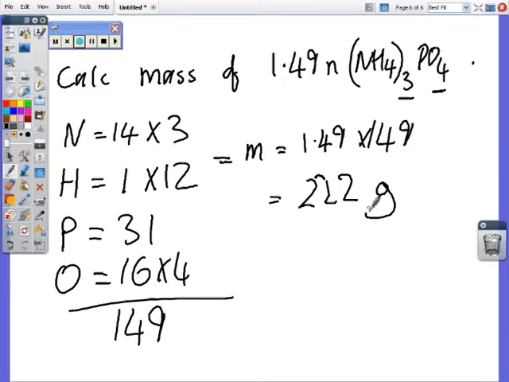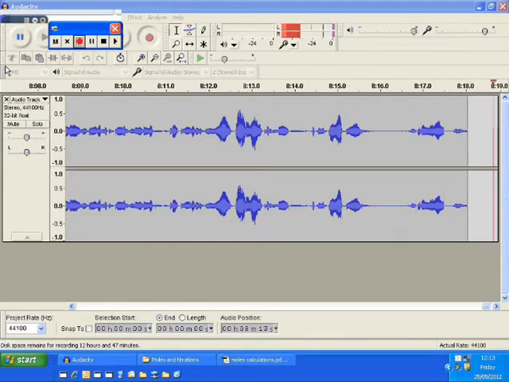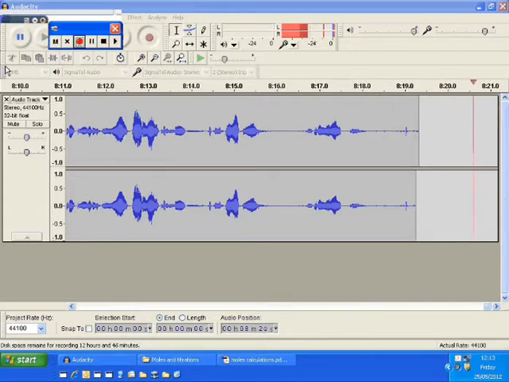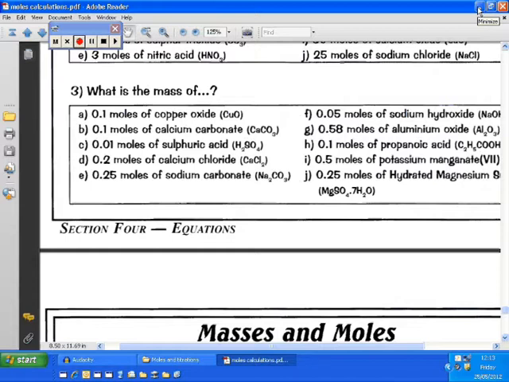So what we will do then is move on to a few more examples here. Okay, so what I would like you guys to do is question 3 that is on the screen now.